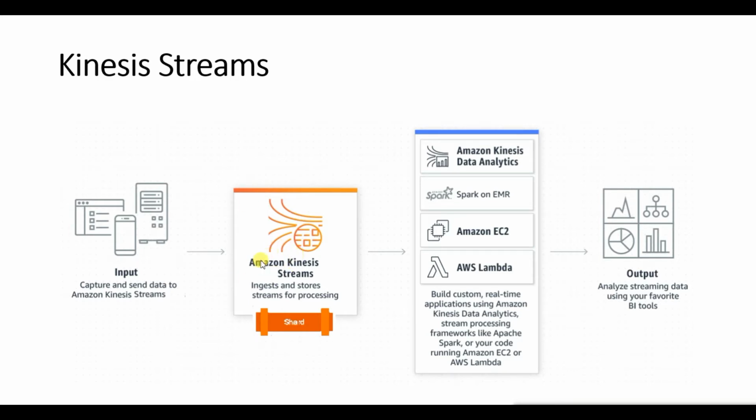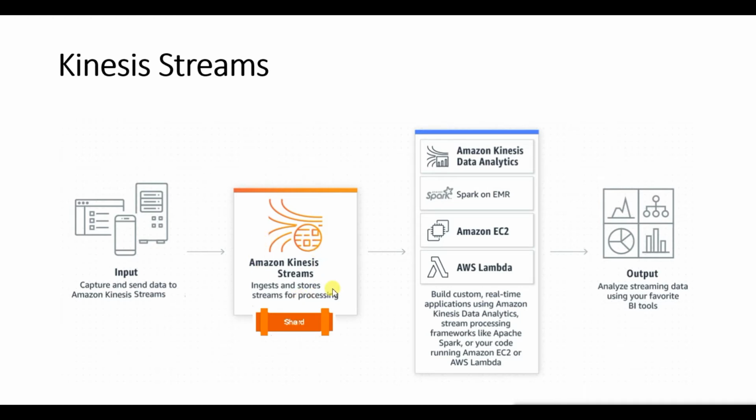From there it goes to Kinesis Streams, which ingests and stores streams for processing. We have shards in Kinesis Streams. So Kinesis Streams is a place to store that data. By default, the data is stored for 24 hours, and you can change it, and you can store up to 7 days also.